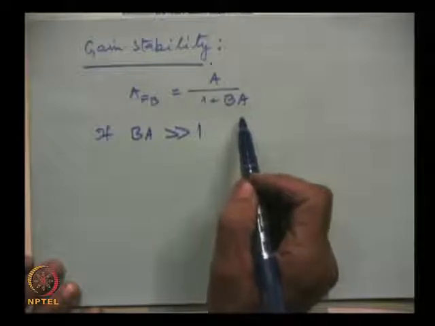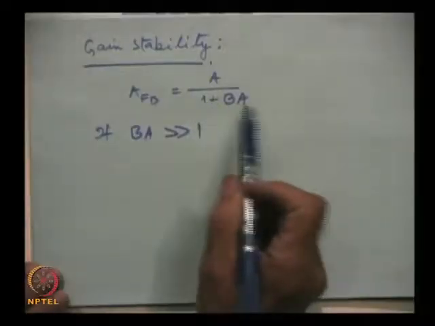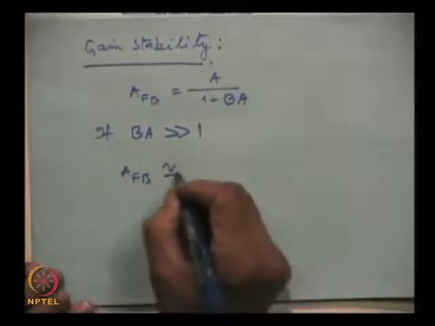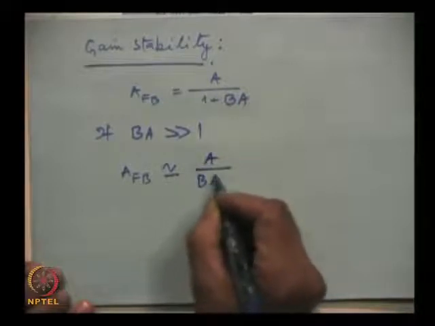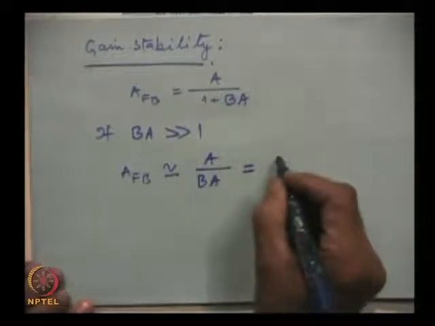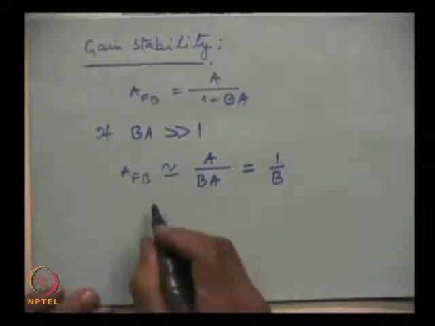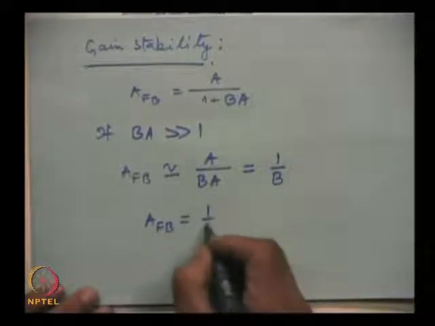We will solve certain examples and we will see what we mean when we say very high. So if this is the condition, then we can drop 1 in comparison to BA, and AFB becomes equal to A by BA, or this will be equal to 1 by B. That means AFB is equal to 1 by B.